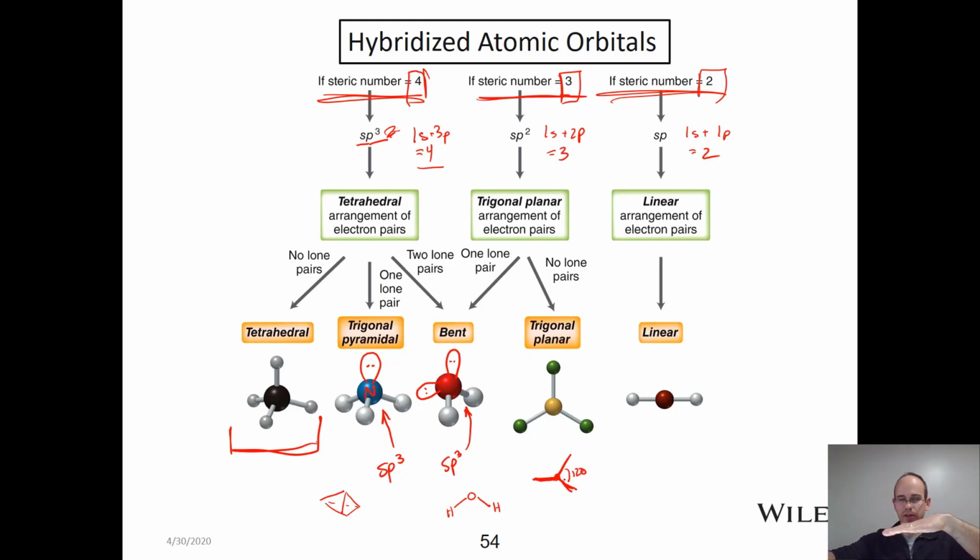All 3 of those electron pairs are 120 degrees from each other. Once again, it doesn't matter if they're lone pairs or bonds, they're still going to repel each other. They're still electrons, so you're going to get that 120 degree bond angle. They're going to push each other as far away from each other as possible. That's sp2 hybridization. Trigonal planar meaning 3 trigonal, 3 planar. 3 in as far away from each other as possible.